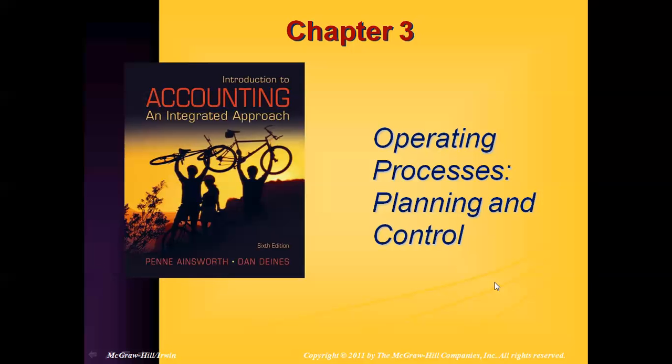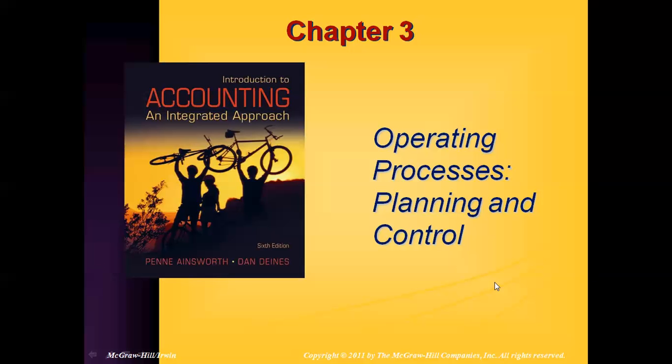But in this chapter, we're going to have a lot of fun. We're going to take a look at the activities of these 3 sub-processes, looking closely at the information needed for planning and control. We're going to use some shorthand here, since some of them have long names.